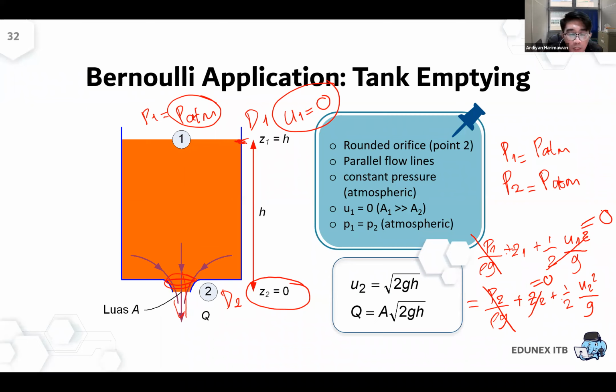So by using the Bernoulli principle, you can calculate the water velocity at point 2, how much water will be flowing out through the hole. From Z2 to Z1 it will be H, right? So you can get this one.